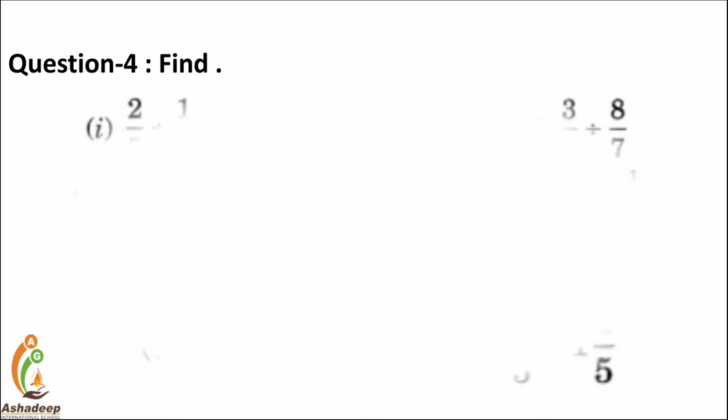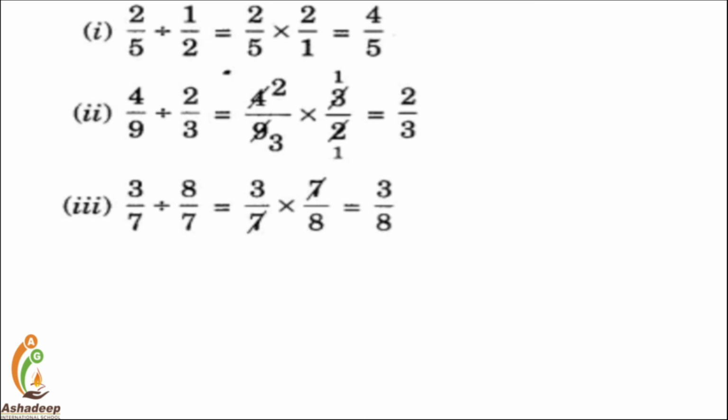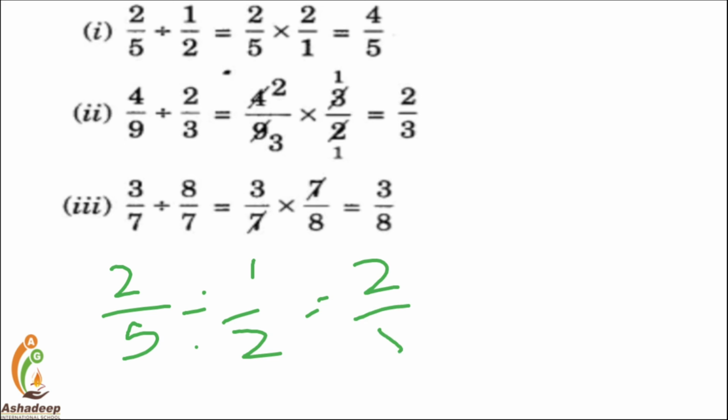Then question number 4. Here we have to do the division of a fraction by a fraction. So let's do the solution one by one. First is 2 upon 5 divided by 1 upon 2. So 2 upon 5 multiplied by 2 upon 1.